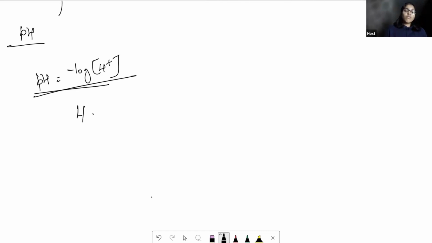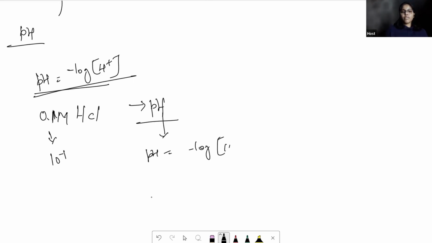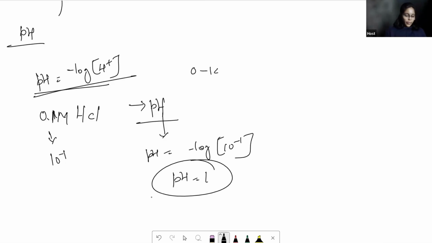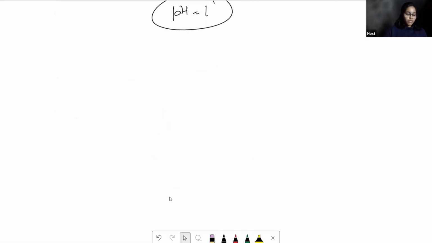If I give you 0.1 molar HCl, what will be the pH? 0.1 molar can also be written as 10 power minus 1, and the pH is the negative logarithm. So 10 power minus 1, pH will be 1. The pH scale ranges from 0 to 14. I think they are going to ask you all regarding pH.